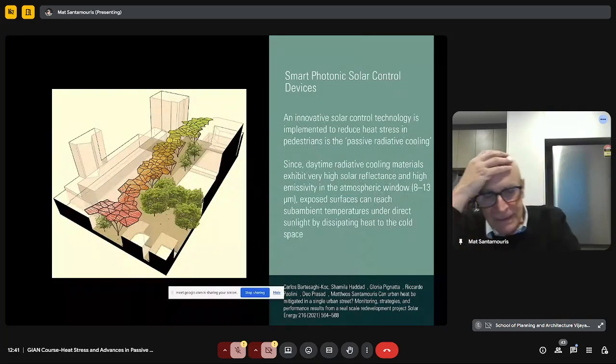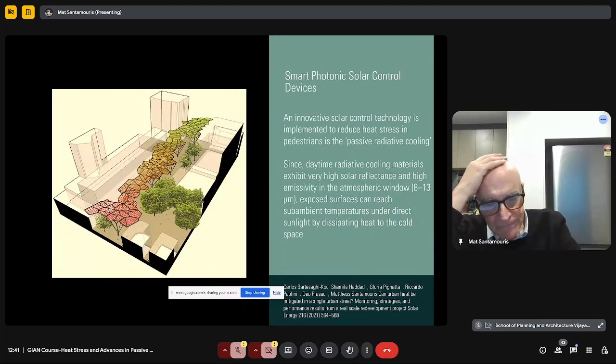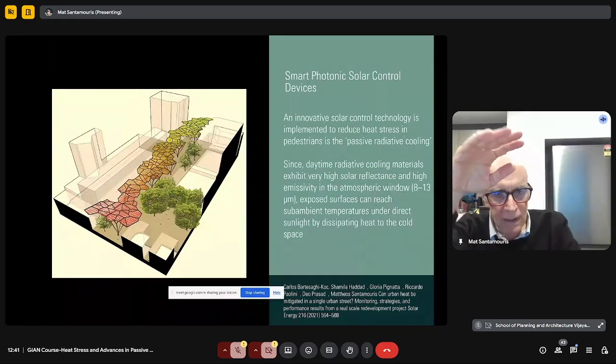I'd like to show you an interesting project that we carried out here in Sydney using photonic shading devices, not moving ones like the ones you saw before. We had to improve comfort in a street in the city of Sydney. So what we have done, apart from putting in cool pavements and greening, etc., is use some photonic shading devices. We use materials into which we have incorporated photonic components.